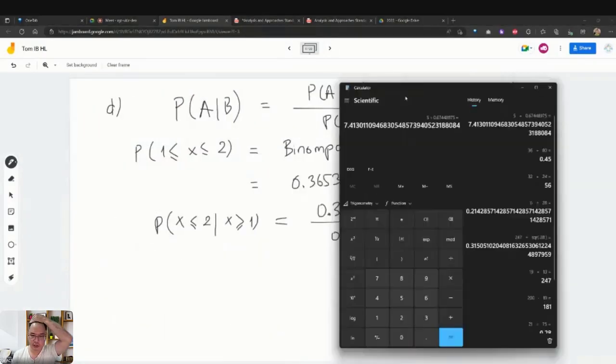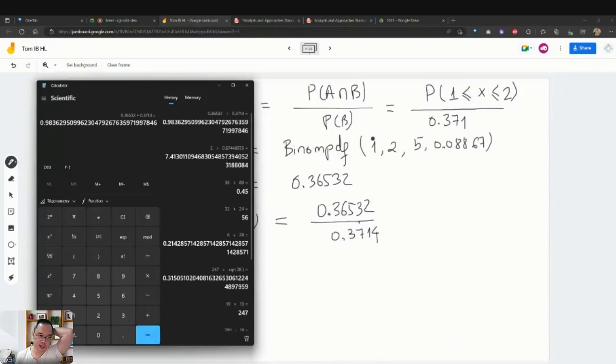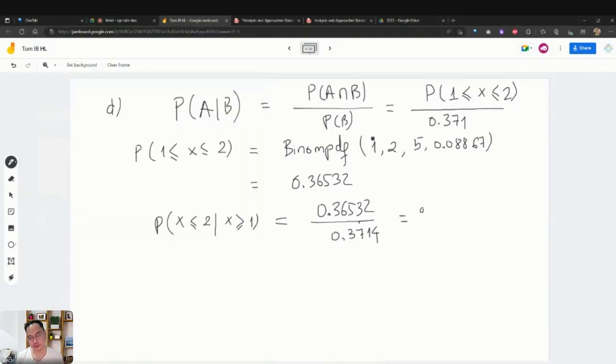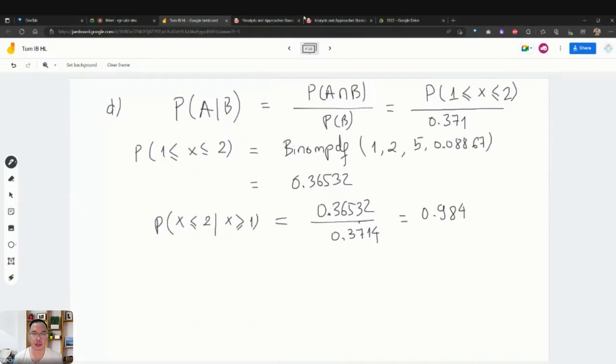Then I'll take this ratio: 0.36532 divided by 0.3714 is 0.9834. Wow, huge number.